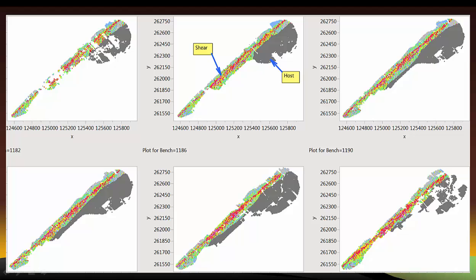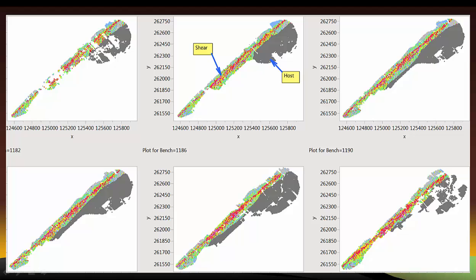These are the same level maps shown in Part 1 with the addition of domains. The main shear zone, which contains most of the gold mineralization, forms one domain and is called the shear domain. You can recognize the shear domain by the colored blast hole grades.